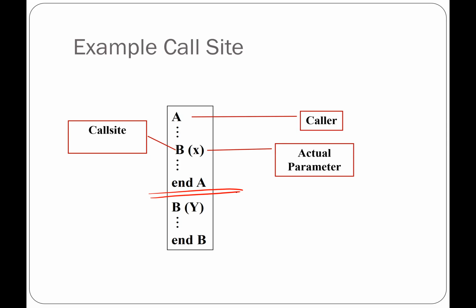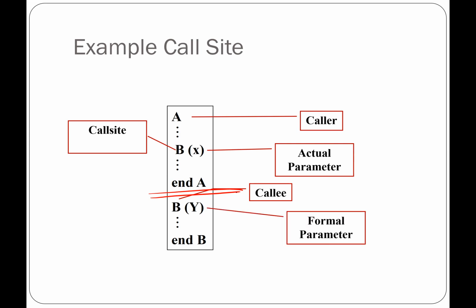X is the variable being transformed, and as it's called in the caller unit, this is what we call an actual parameter. Object B with the function B is what I call the callee. X, which can later get transformed into Y, is what we call a formal parameter.